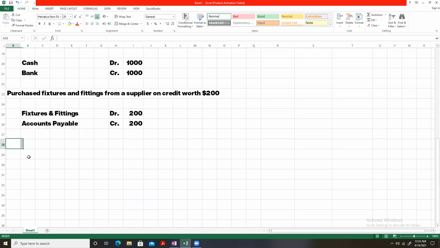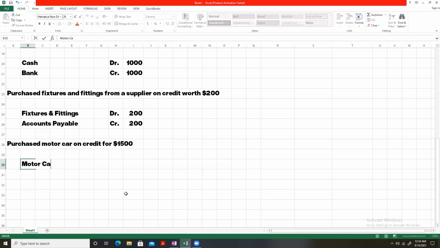Now, moving forward, in the same way, let's suppose we purchased a motor car on credit for, let's suppose, $1,500. The vehicle that we purchased in this transaction is an asset.